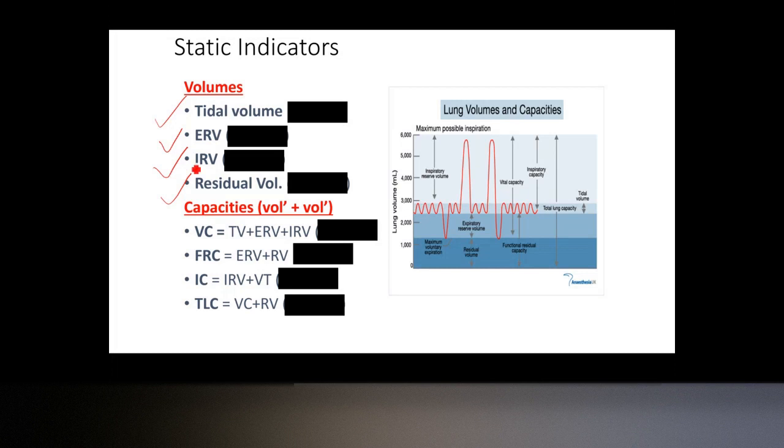And with these values, we can calculate capacities. Like you said, there's vital capacity, functional residual capacity, the inspiratory capacity and total lung capacity. Can anyone quickly give me any approximate values on these? Any range, anything will work. Just try recalling some of the values.